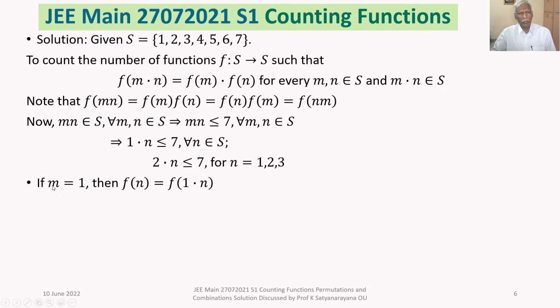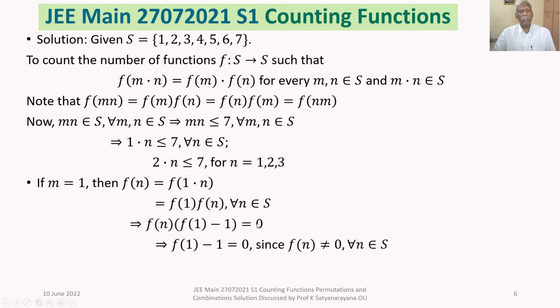Now if you take m equal to 1, then f of mn, that is f of 1 into n, equals f of n, which by definition is f of 1 into f of n, true for all n belonging to S. Now take them to one side and take f of n common, then you get f of n into f of 1 minus 1, and f of n is not equal to 0 for any n belonging to S. This implies f of 1 minus 1 is equal to 0.